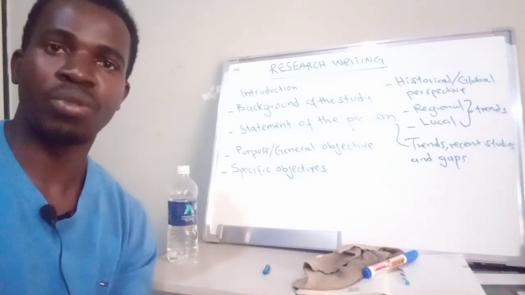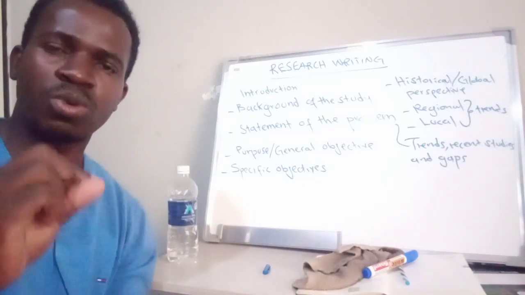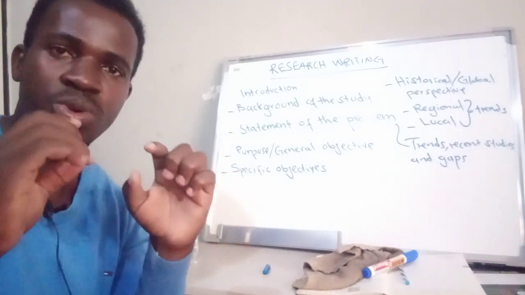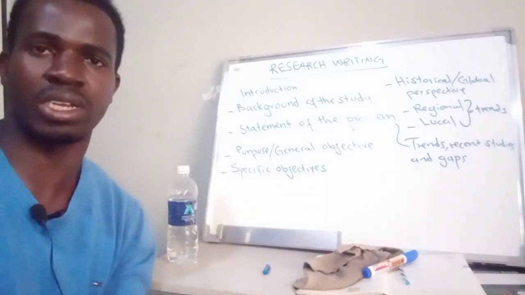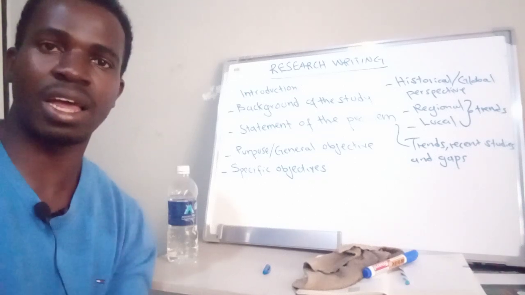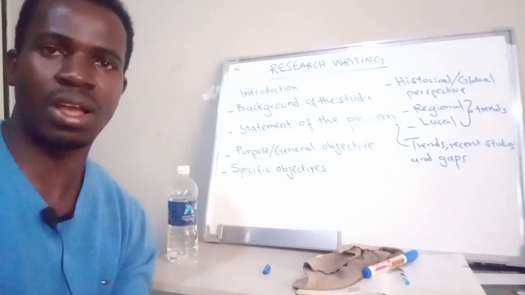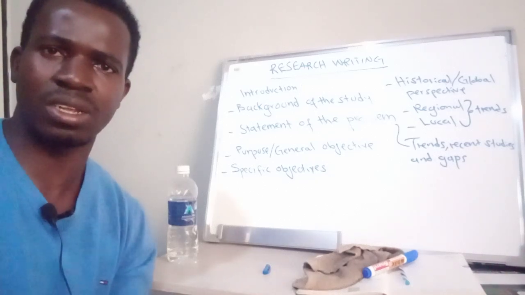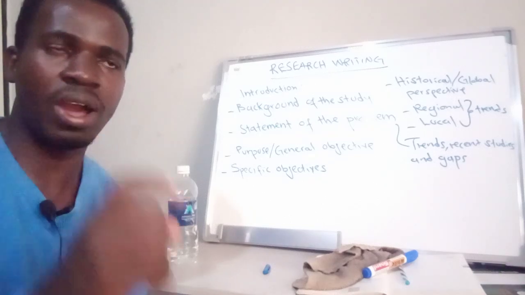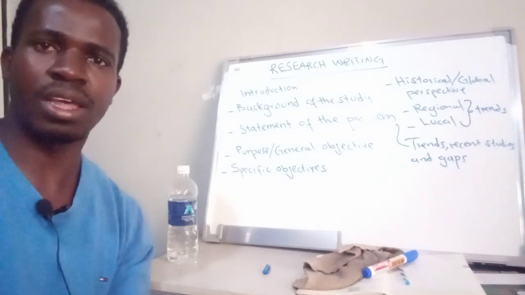Then from there, we could now narrow it to the local. We're still going to narrow it till we reach the scope of our study, to contextualize it, localize it, and make it relevant to a specific area or location of our study, or in other words, our study site. So we look at the regional, which is Africa, then the local.